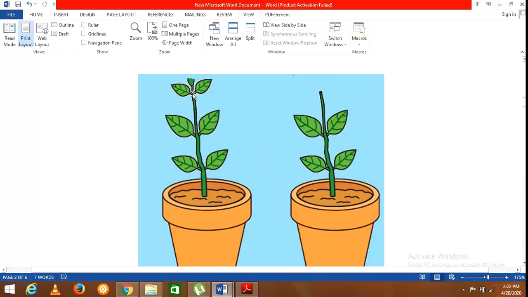But in the plant in which the apex was removed, the height has not been increased. Therefore, you can conclude that there is an effect of the shoot apex on plants to increase their height. Because when the apex is removed, the height does not increase. When the apex is there, the height of the plant increases. Therefore, there should be an impact on the height of the plant by the shoot apex.